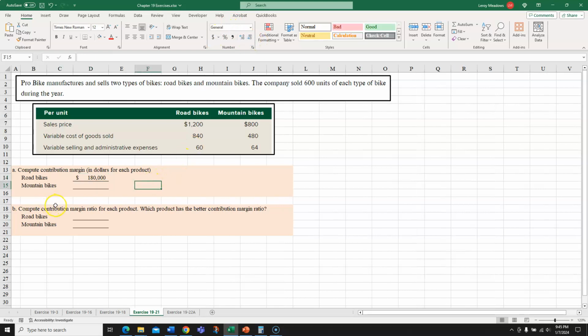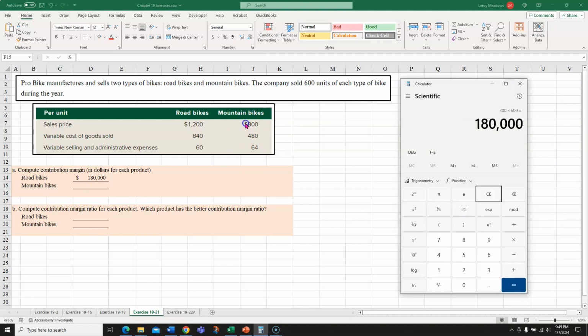Now we're going to do the same thing for mountain bikes. We're going to look at the contribution margin per unit and then multiply that by the number of units sold to get the total contribution margin. So my $800 sales price minus my variable cost of goods sold of $480 minus my variable selling administrative expenses of $64, and I will get $256 as my contribution margin per unit.